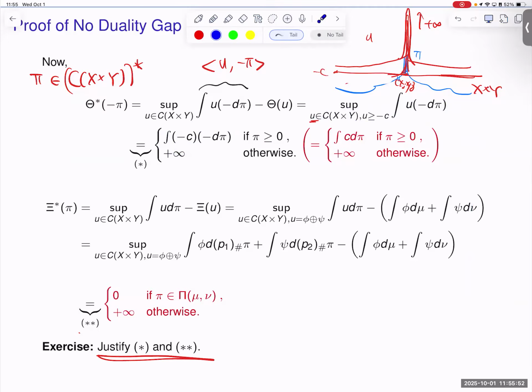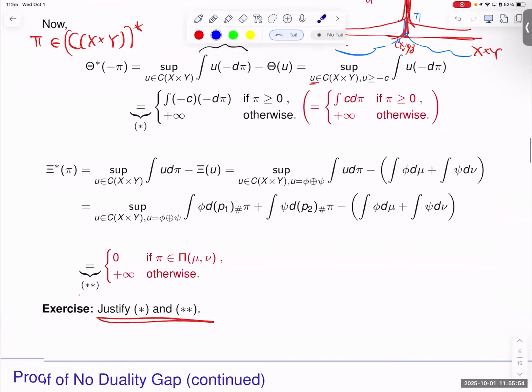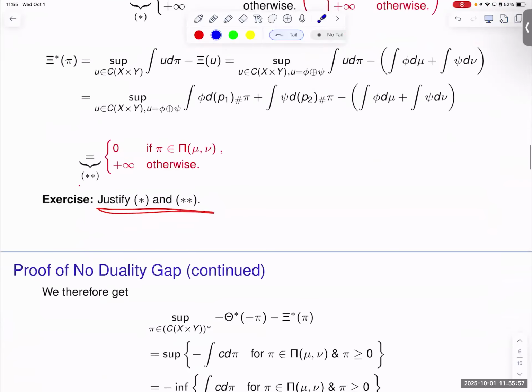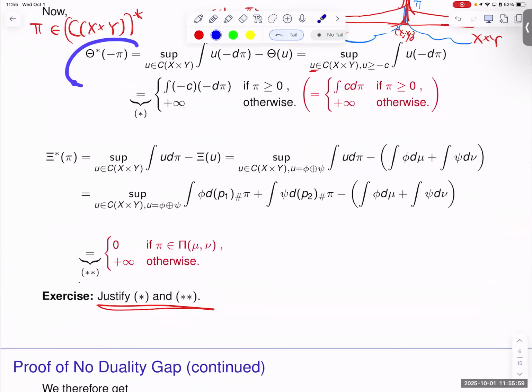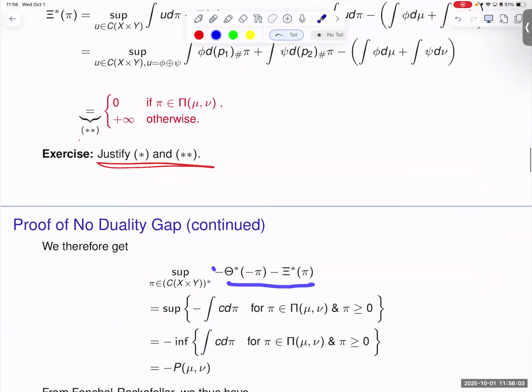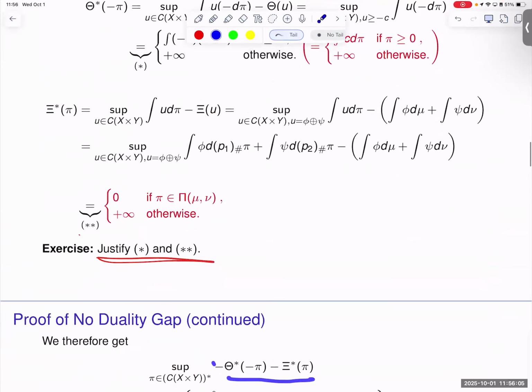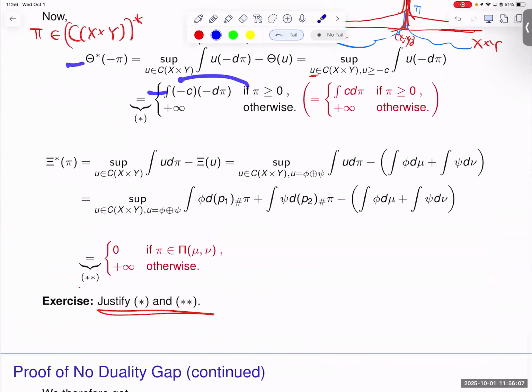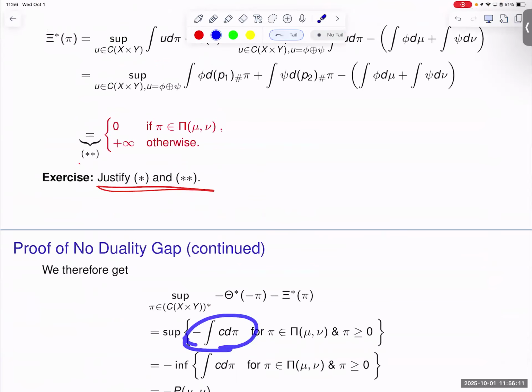So we just have the following: if you add these together with a negative sign, then you get negative of this, which is negative of that. So you get negative of C integral d pi, and this condition is just here as a constraint.